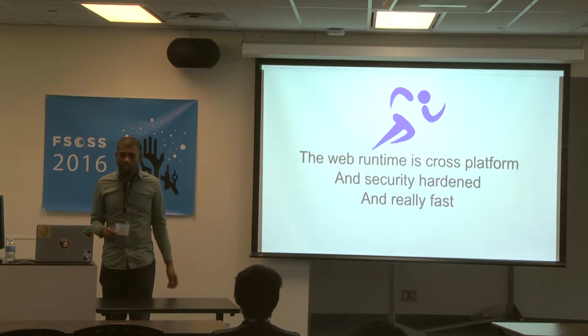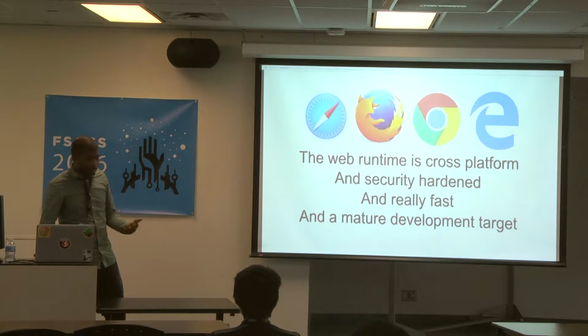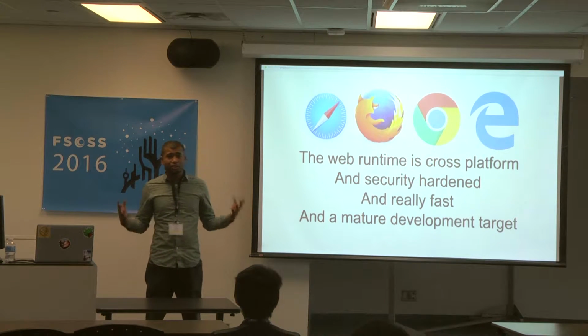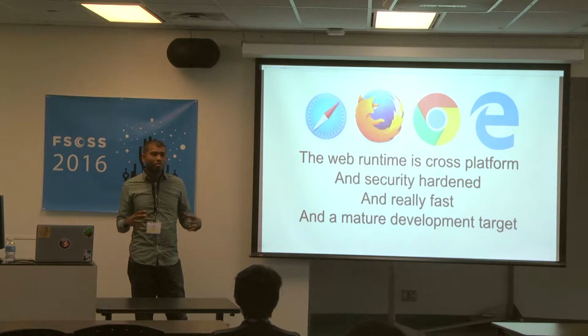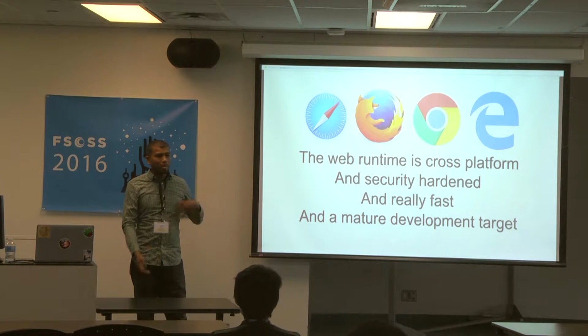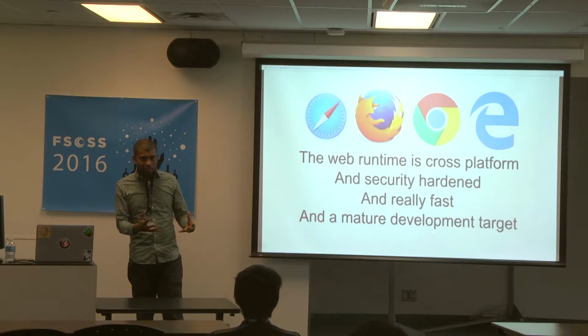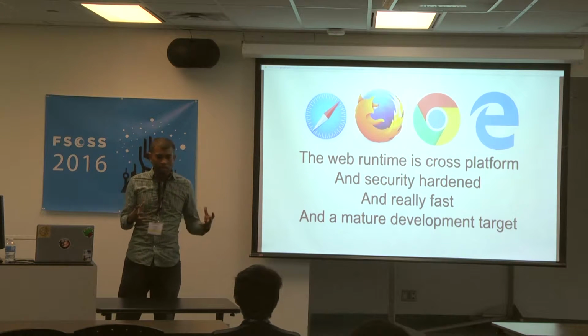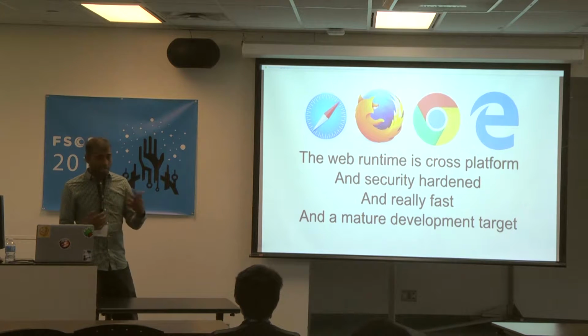So it's a really fast performant platform. And it's a mature development target. There's multiple implementations by multiple different vendors. There's lots of software frameworks, UI frameworks. There's cross-compilers and trans-compilers and linters and the ecosystem of libraries to build large pieces of software is good, and it's getting better by the minute.